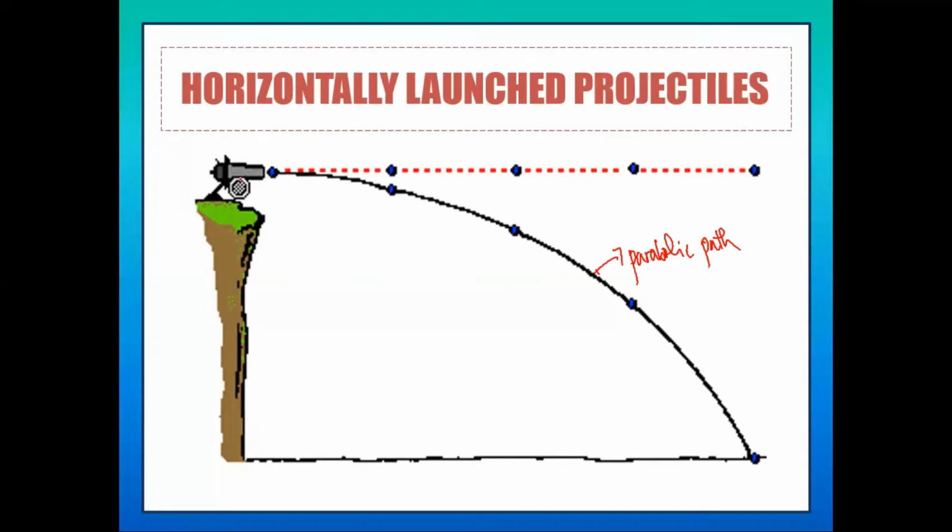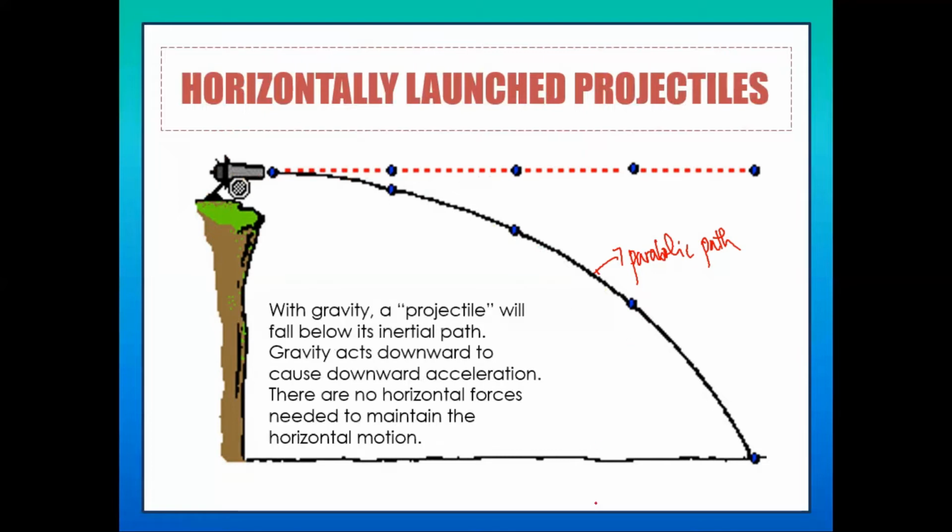Since the cannonball is projected horizontally, it creates a parabolic path. So with gravity, a projectile will fall below its inertial path. This is the inertial path. Gravity acts downward to cause a downward acceleration. There are no horizontal forces needed to maintain the horizontal motion.